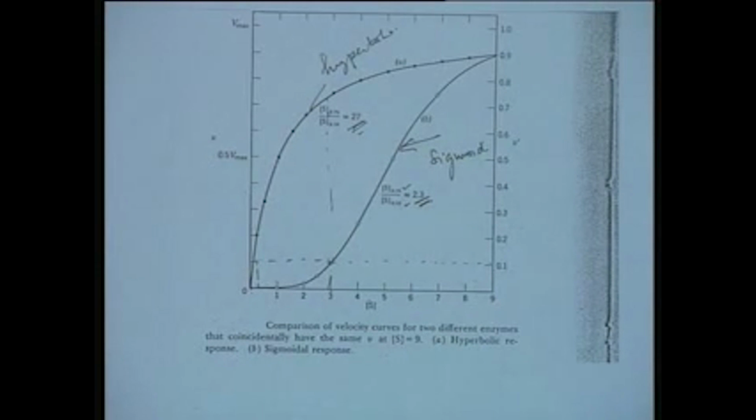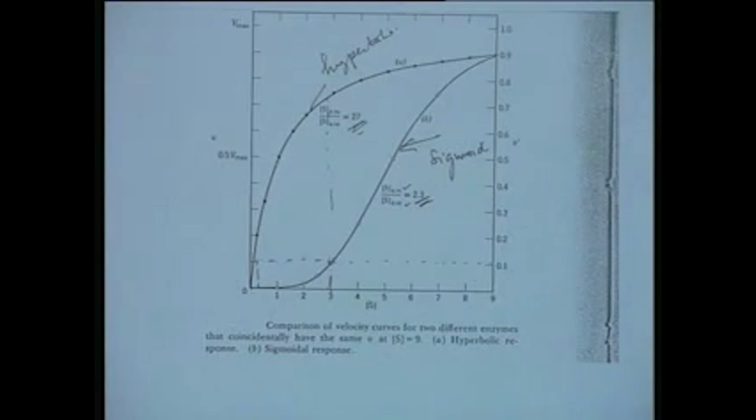Just by changing the concentration by 2.3-fold, 2 to 3-fold, you can notice that the reaction velocity can be altered from 0.1 to 0.75, and that is the advantage of this kind of reaction behavior which regulatory enzymes obtain in cellular metabolism. With this kinetic behavior, the enzymes are able to act almost like an on and off switch.